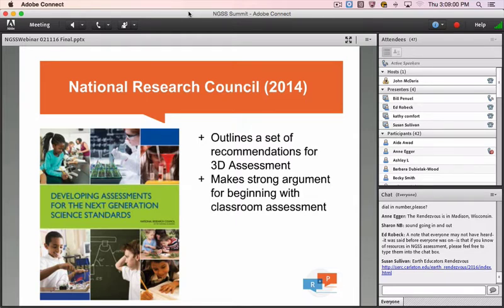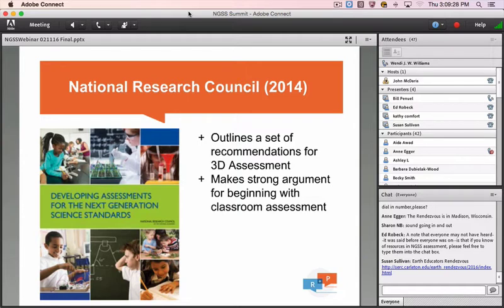The classroom is a place where there's the richest evidence available of what students know and can do. And it's by beginning with classroom assessments that we can begin to understand the full range of proficiency that we hope students will develop, that integrates the three dimensions of disciplinary core ideas, science and engineering practices, and cross-cutting concepts.